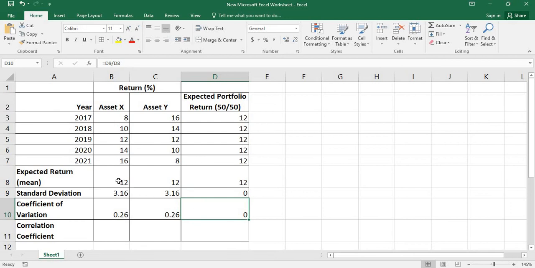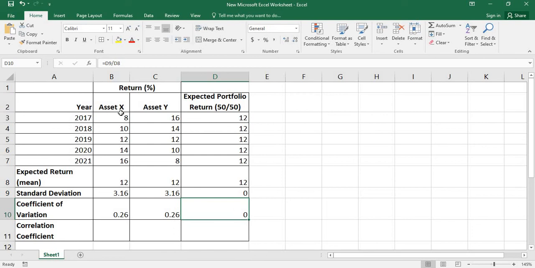So although the returns are the same for asset X, asset Y, and the portfolio, the standard deviation of the portfolio is 0. In the meantime, coefficient of variation of the portfolio is also 0. Now you may ask me why the standard deviation of this portfolio is 0, why there is no risk involved in this portfolio.